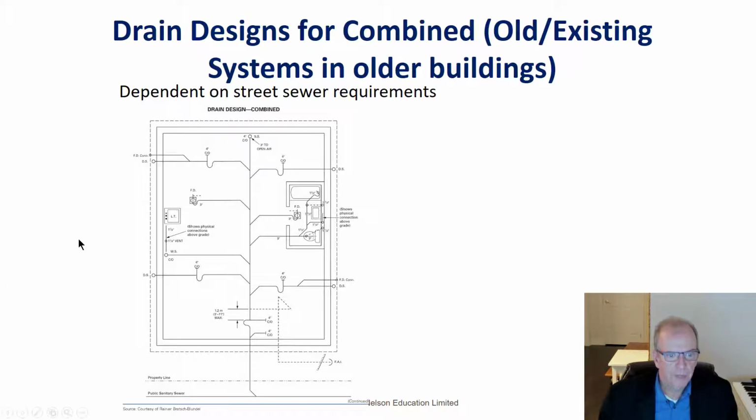A combined system means that you have your clean out and your toilets and your sinks, and they go together into one sanitary sewer, and that's all that's on the street. So in this case, you've got the sanitary sewer, the downspout water, and the weeping tile that we talked about in the foundation chapter, all going into the sanitary sewer.